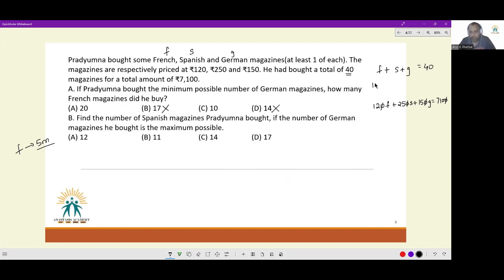On the first one, I'll get 12F plus 12S plus 12G is equal to 480. What this gives me now is French is gone entirely. I'm left with 13S plus 3G is equal to 230.